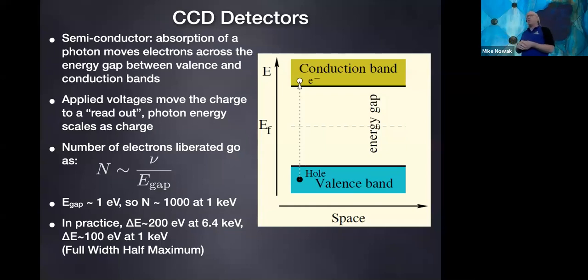They work by the photoelectric effect. Essentially, a photon comes in, interacts with the material in what's called the valence band of that material, and knocks out an electron from the valence band to what we call the conduction band, and allows that electron to move in the material.